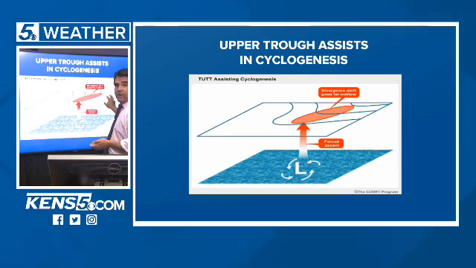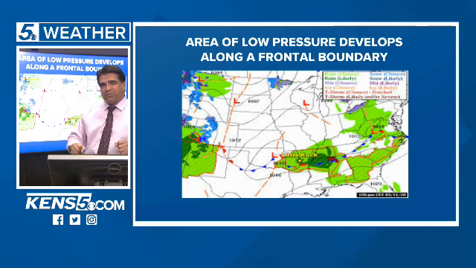It's actually pulling air from the ground up, and that causes an area of low pressure. Usually it's along a frontal boundary, and usually it occurs where the temperature gradient is the tightest. If you've got colder temperatures and warmer temperatures in close proximity, that helps to develop that low. And where you have that low develop, again, is where you have the upper level divergence. Getting some big words here, but hopefully you get the point.